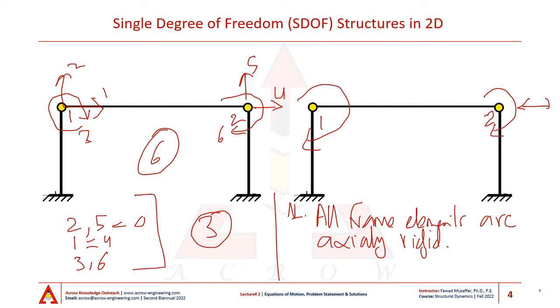Another assumption that is typically introduced into these problems concerns mass. Actually, the mass is distributed throughout the length of the column and beam elements, but we assume that half of the mass of the column elements is lumped at the base of these elements, and the other half is lumped at the top of these column elements.